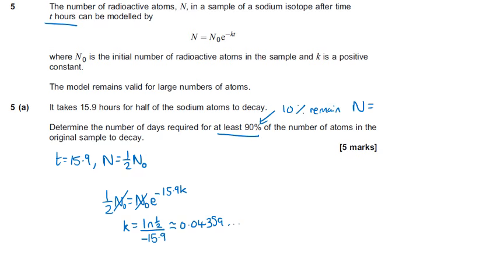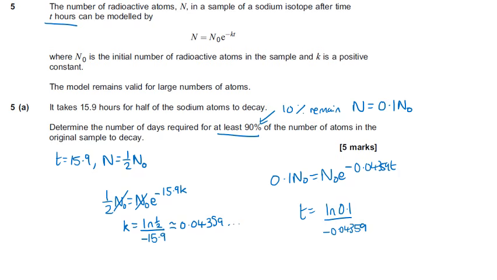So n is now 0.1 times the original amount. So substitute that in. And this time we're trying to find t, and we know k. So again, take natural logarithm and rearrange, we get ln 0.1 divided by minus k. And if we put that together, we get about 52.8 hours.